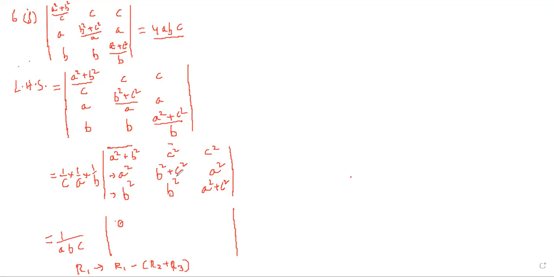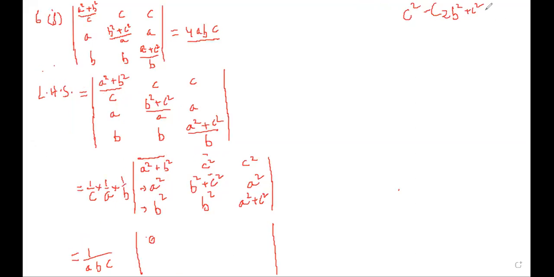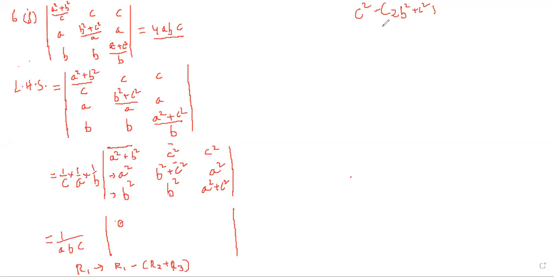Again, when we add the second element of R2, b square plus c square, with the second element of R3, b square, it is giving 2b square plus c square. You can write it in rough. Subtract it from the second element of R1, c square. C square will be cancelled out, and c square minus 2b square minus c square will give only minus 2b square as the second element of R1 after this operation.